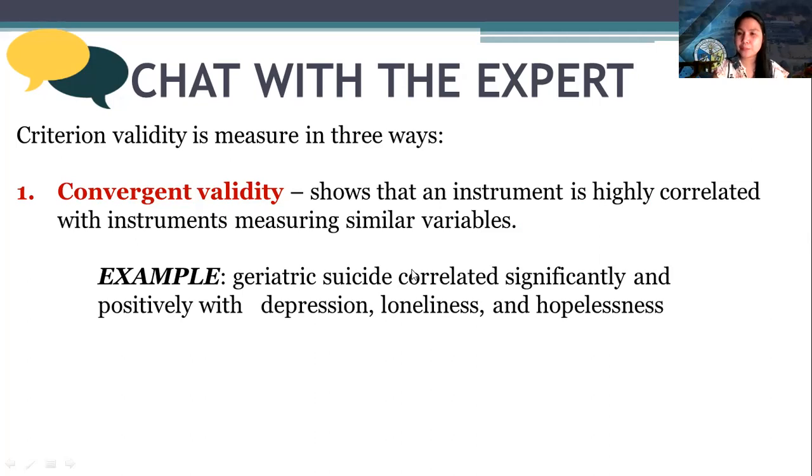For example, if I'll make a questionnaire on suicide, or if I'll do observations on people who are prone to geriatric suicide, is it the same with the symptoms they manifest for depression? Or if I'll have a questionnaire, is my questionnaire for depression almost similar with my questionnaire for loneliness? That is a convergent validity.